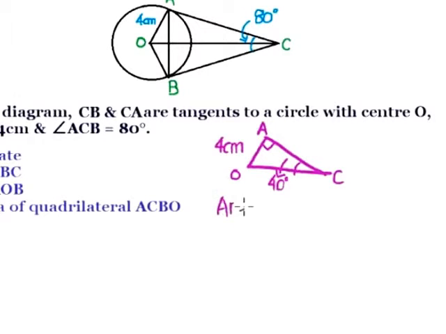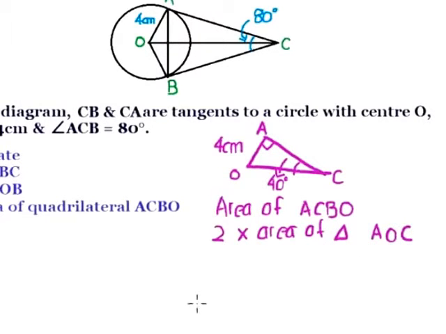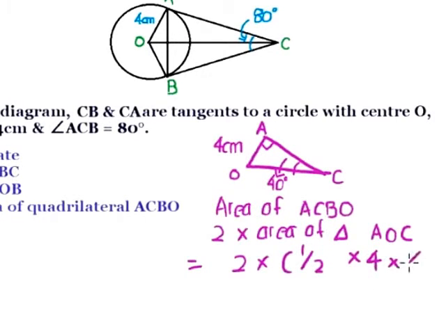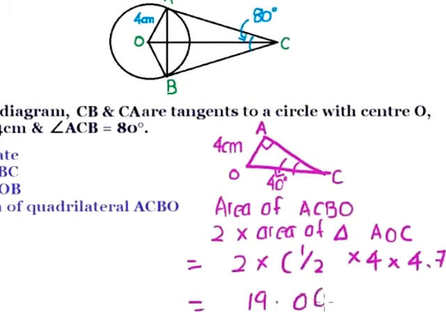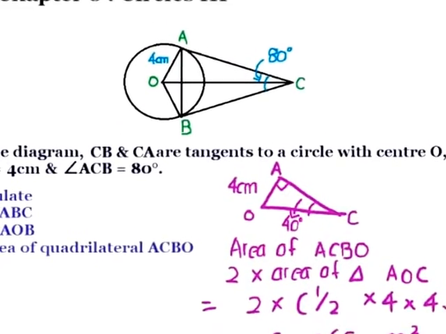Thus, the area of ACBO is equal to 2 times the area of the triangle AOC. The calculation would be 2 times half times 4 times 4.767, and the answer would be 19.068 cm squared. And that's it.